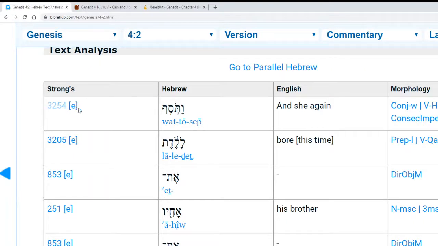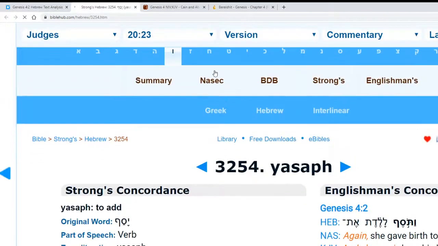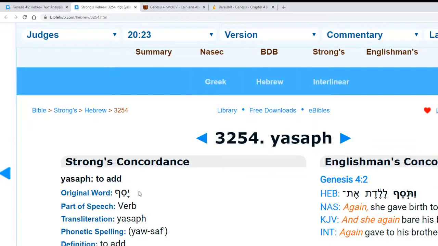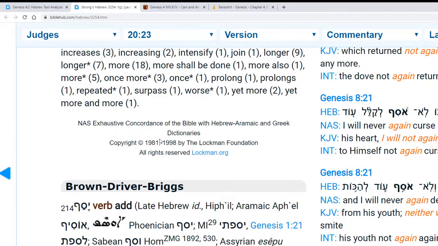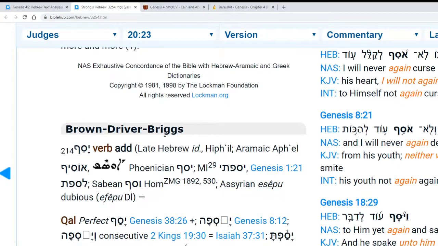The two strong letters in this root are the samech and the pe, right? What the third root letter is, and where it is in the word, can vary. So they're saying it's yasaf, yud samech pe, is the root. Okay, I could see that.